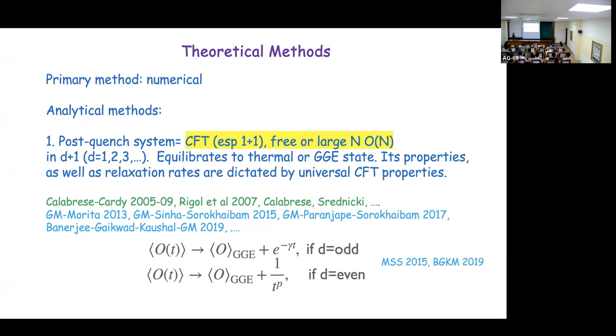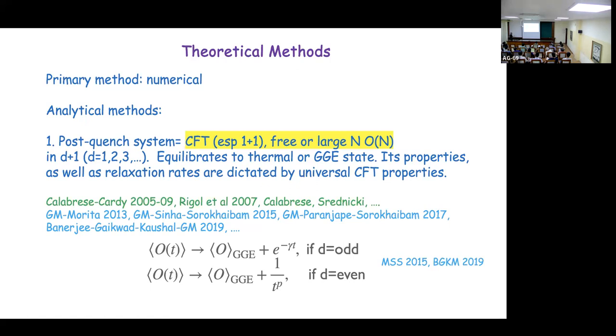There are situations in which analytical methods are available. For example, when the post-quench system is gapless, a conformal theory, particularly in 1 plus 1 dimensions, there are powerful techniques of dealing with conformal field theories. Or in higher dimensions, we have been able to derive some results with free theories, bosonic or fermionic, or large N models which are effectively free for the questions that we ask.